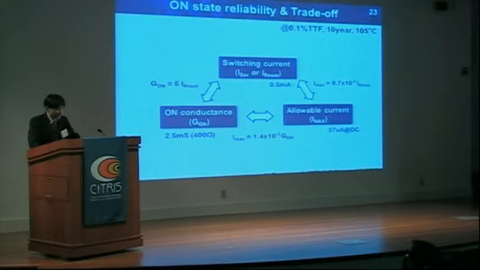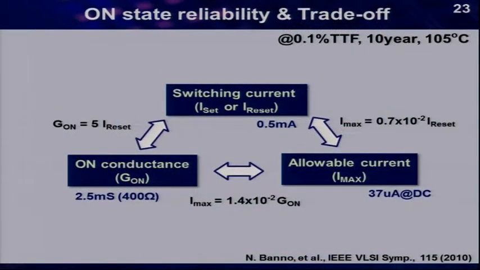The on-state reliability and switching current have a trade-off relationship. Here are the typical conditions. 37 microamp of allowable DC current requires switching current of 0.5 milliamps and on resistance of 400 ohm.